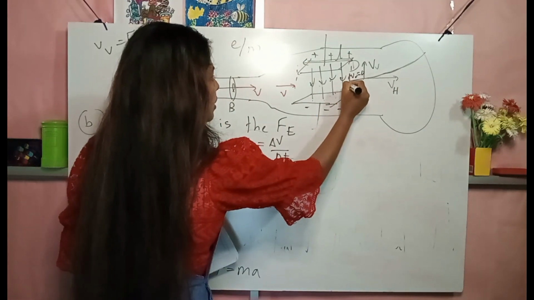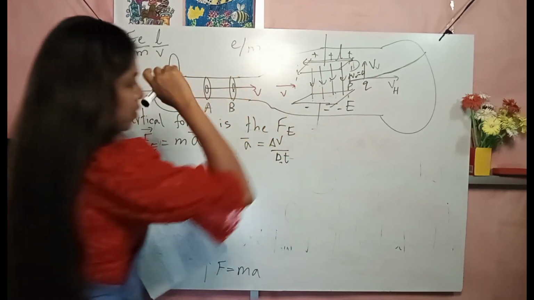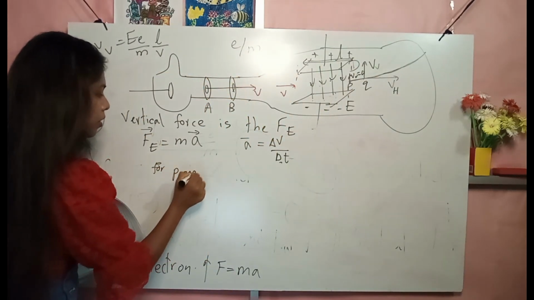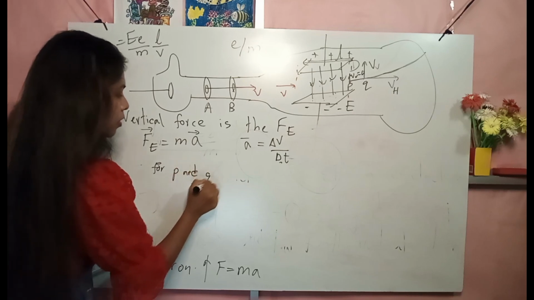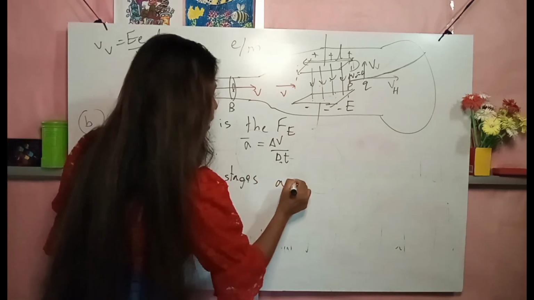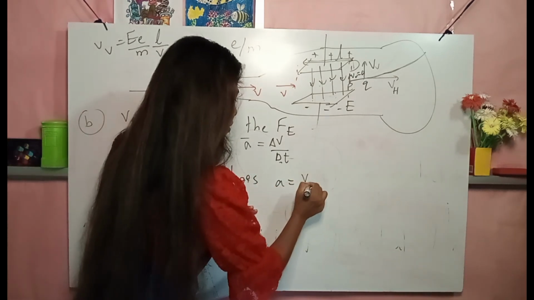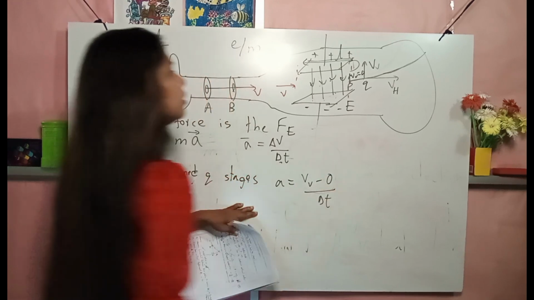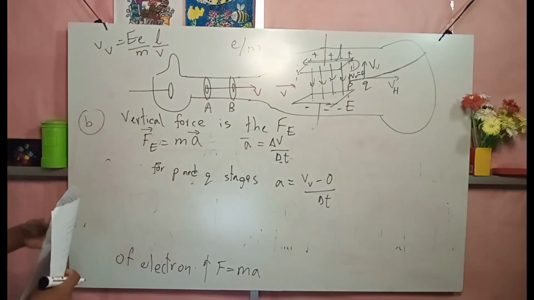We can consider this one as P and this one as Q. For the P and Q stages, acceleration equals VV minus 0 divided by delta T.